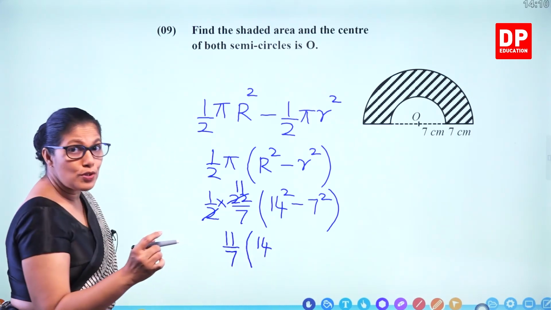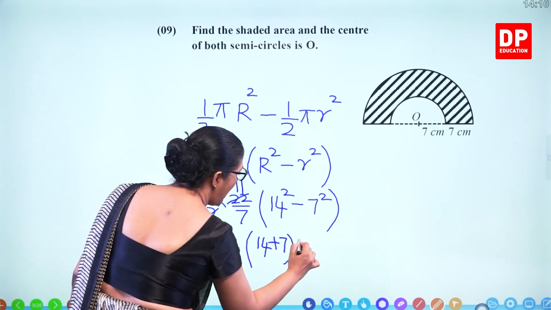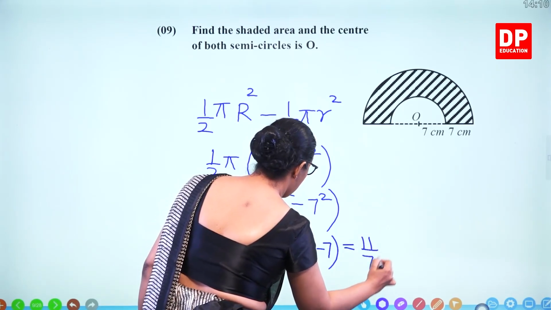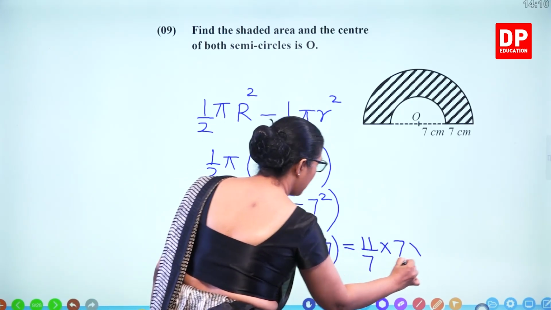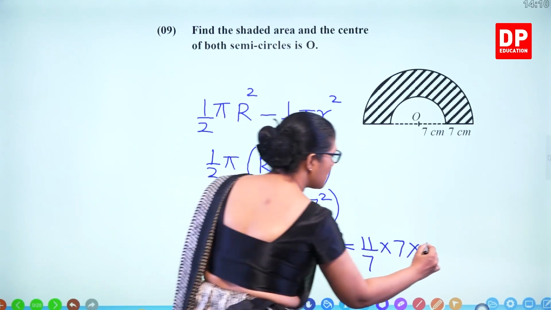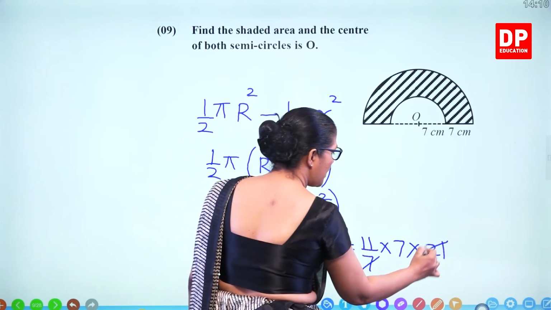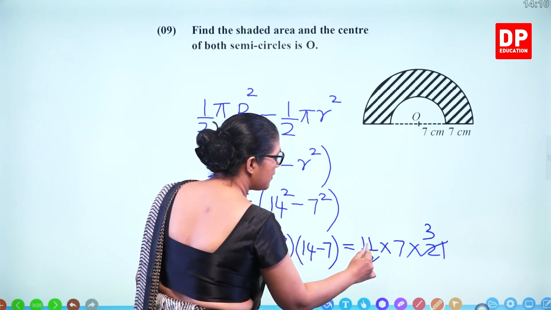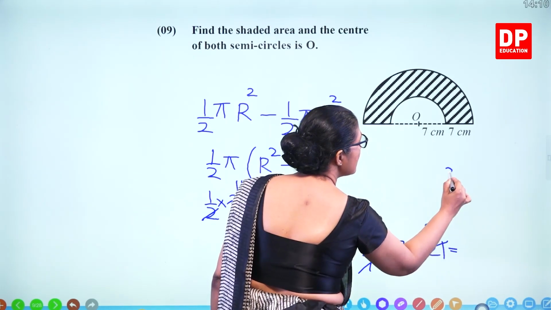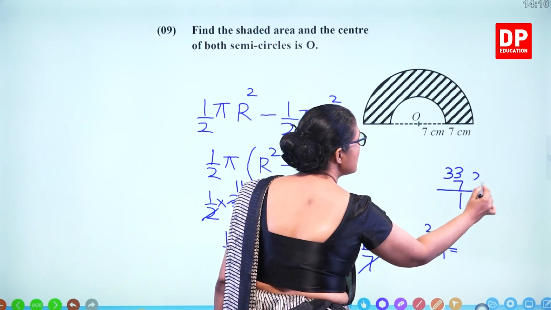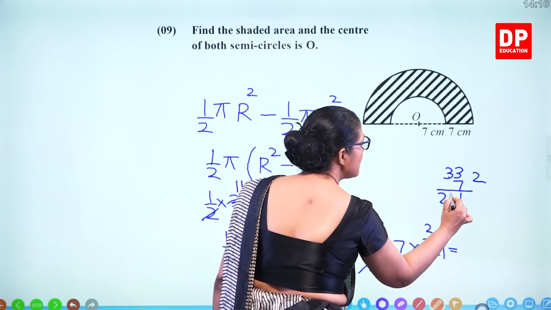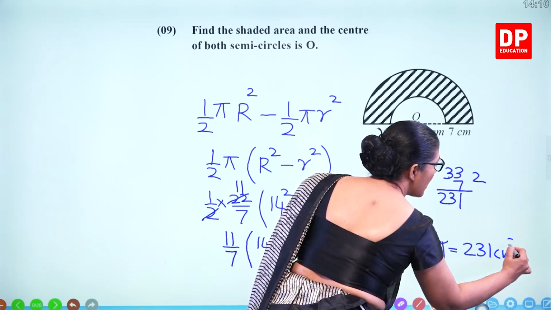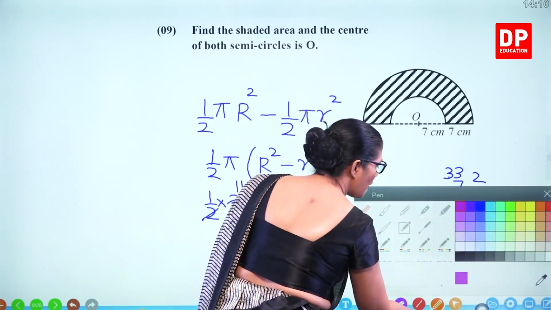You can use difference between two square terms, 14 plus 7 and 14 minus 7. So you get 11/7. This is 7 and 14 plus 7, 21. So 7 times 3, 21. You get 33 times 7. 33 times 7. 7 times 3, 21. 7 times 3, 21 plus 2, 23. 231 square centimeters is the shaded area. So you get 2 marks for that.